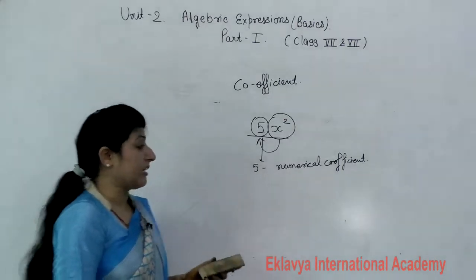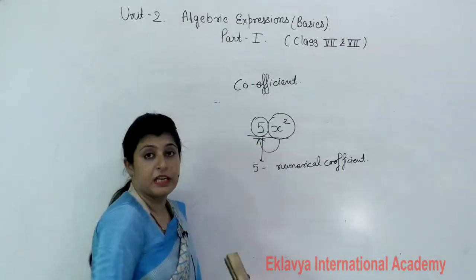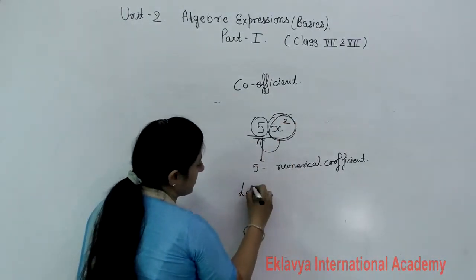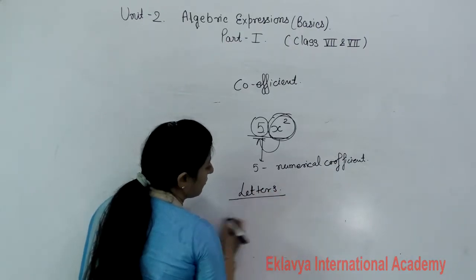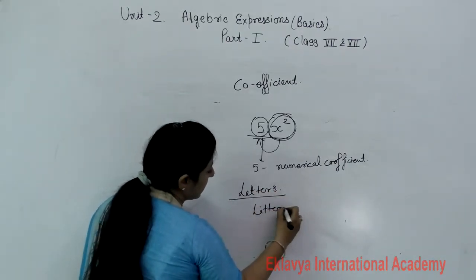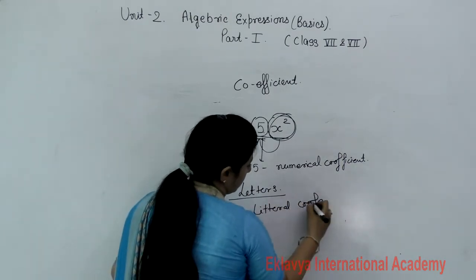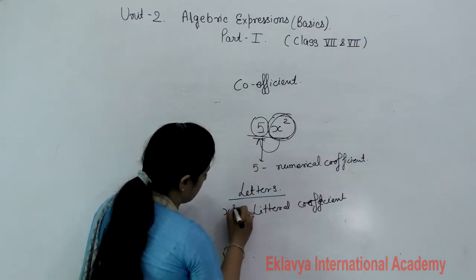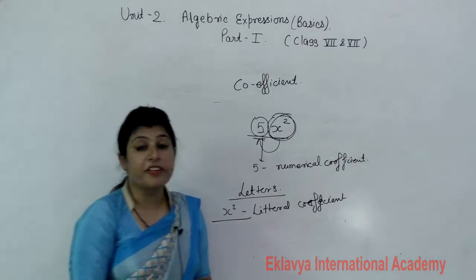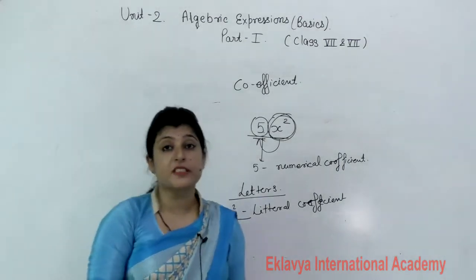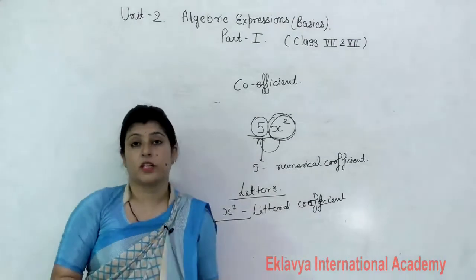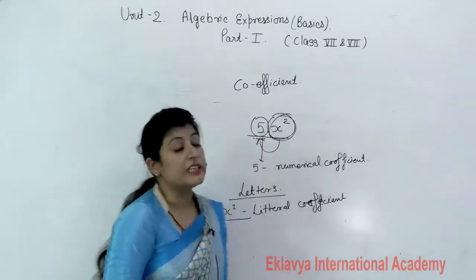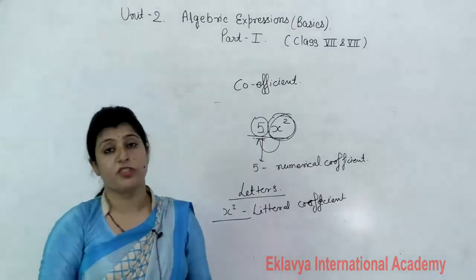Or if we ask what is the coefficient of 5, it means we are taking the variable letters as our coefficient, then it is called the literal coefficient. That is x square. So if we take the numerical coefficient, we take the constant value. If we take the letters or variables, this is called the literal coefficient.